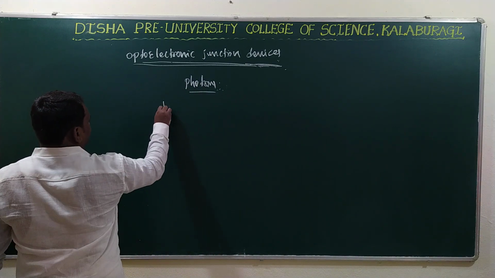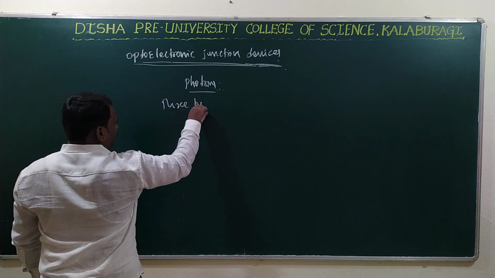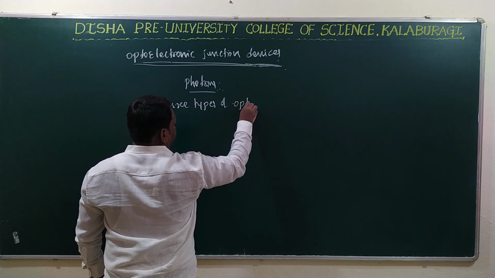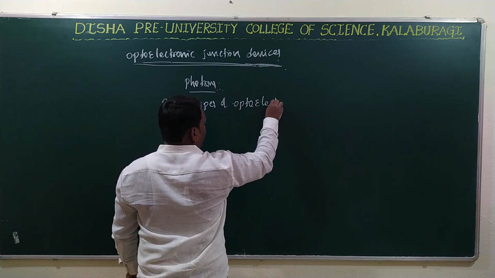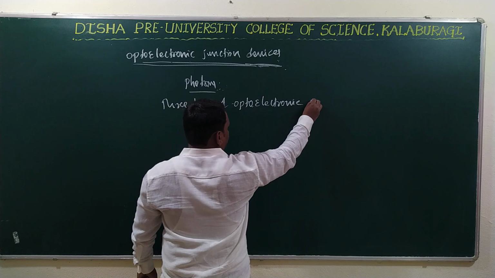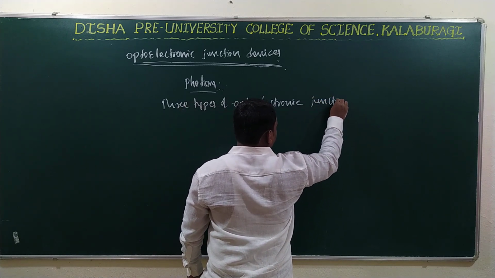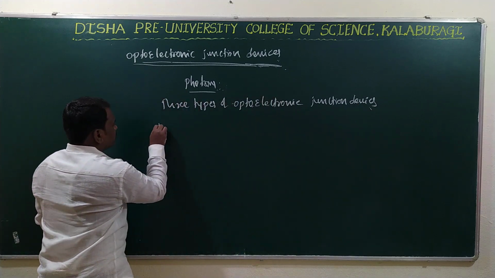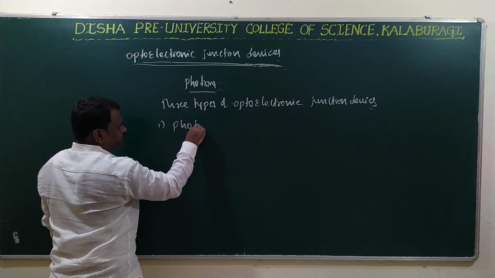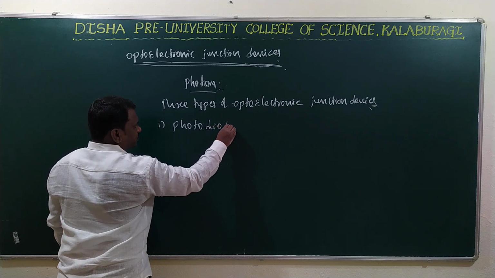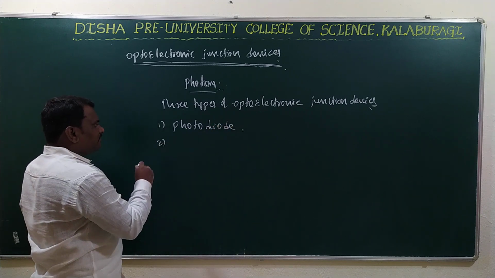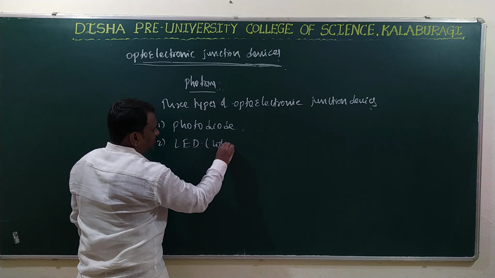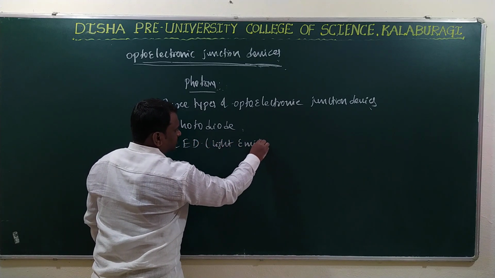There are three types of optoelectronic junction devices, right? The first one is the photodiode. The second one is the LED. LED means light emitting diode.